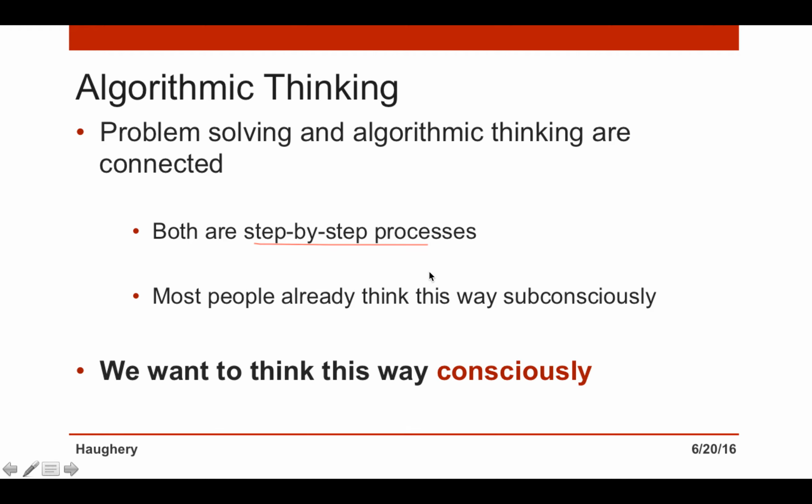We want to actually slow our thought process down so that we can think algorithmically, be conscious of it, and be able to put that down graphically or in a list and visualize it. Because a lot of times that helps us to see the connections of a problem, see the connections and the results of a process, and be able to really graphically show that to see maybe different solutions.